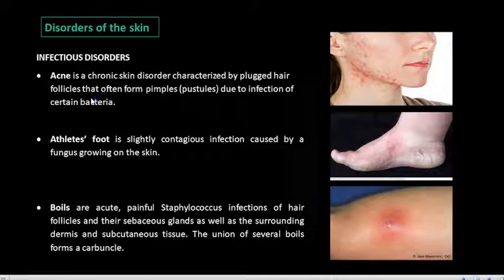Now, acne can be caused by bacteria with lack of hygiene. It can also be caused by changes in hormones or hormone imbalance. Now, people with PCOS or polycystic ovarian disorder can actually experience acne.